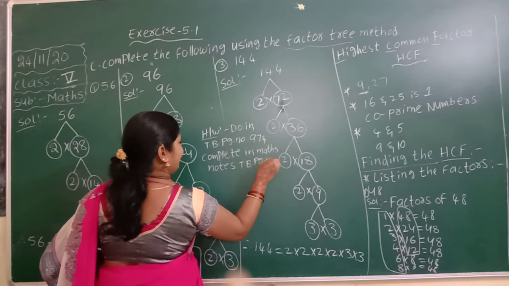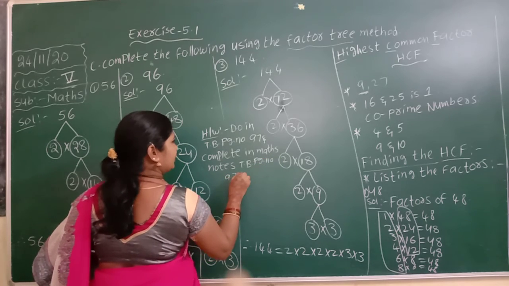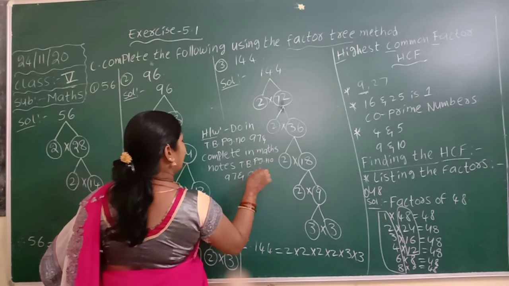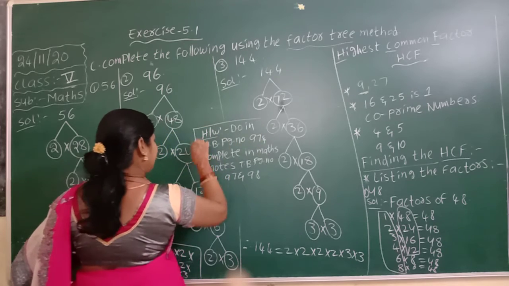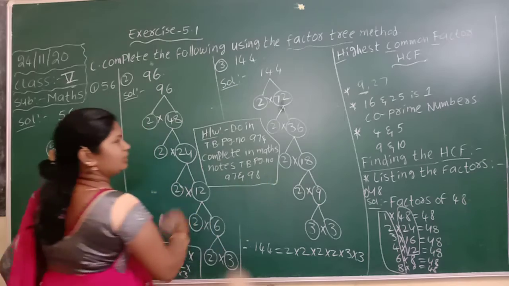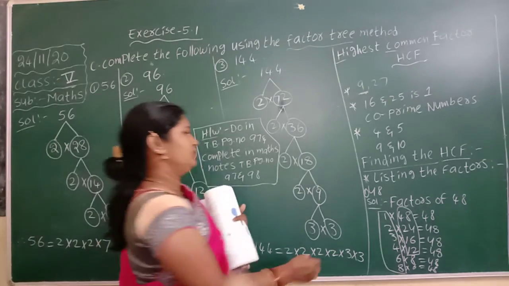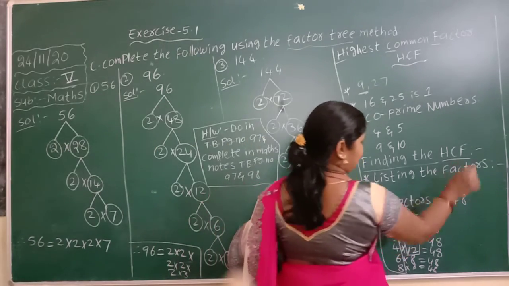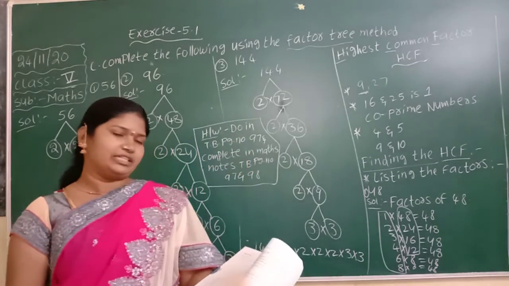Textbook page numbers 97 and 98. That is properties of HCF and finding the factors. This one, finding the HCF using the factors method.